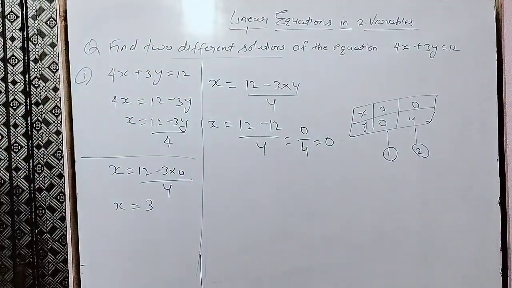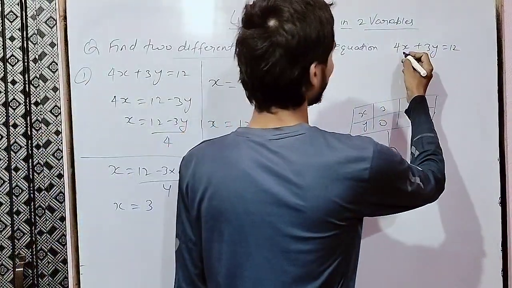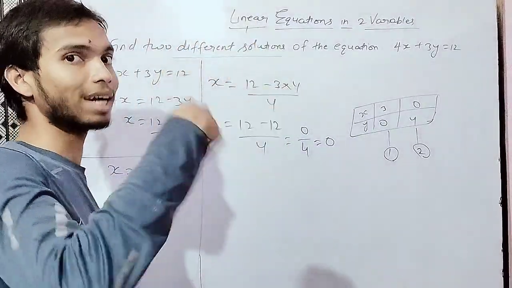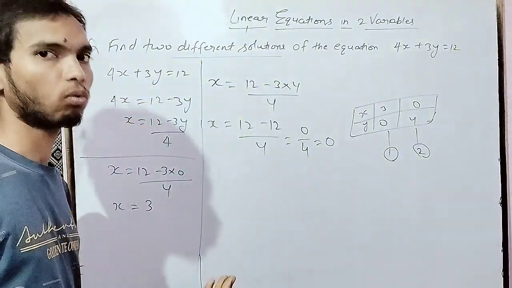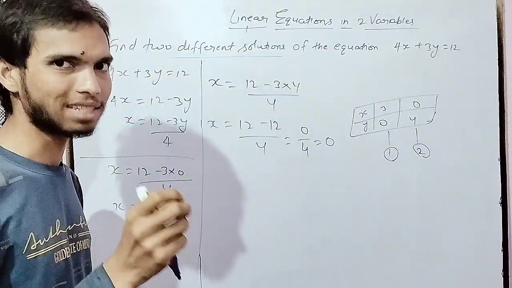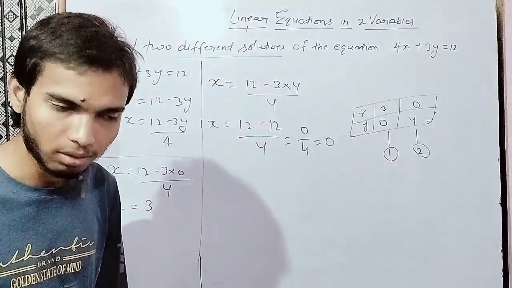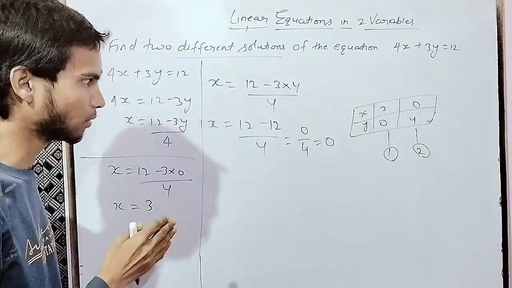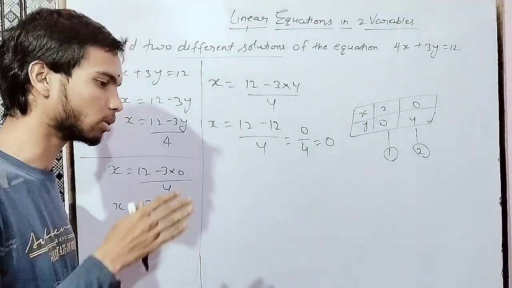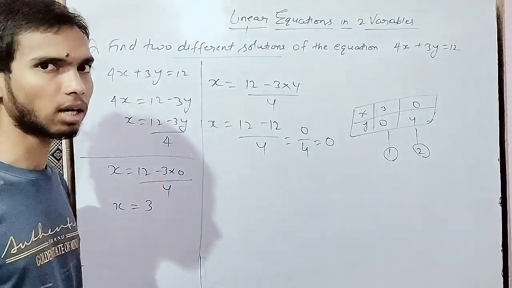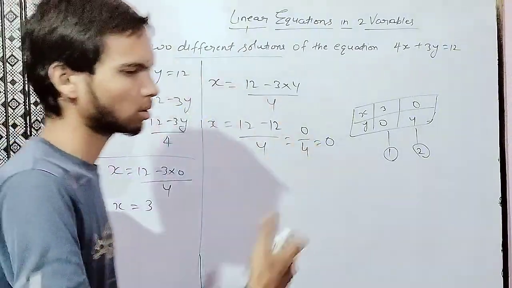This was different from the previous linear equation, in which we were able to find 4 different solutions easily. But in this one, when we put values from 0 onward, we saw some fractions. So from here we understood that we have a lot of options, and we can take the next number.